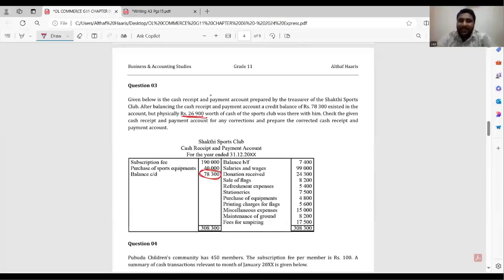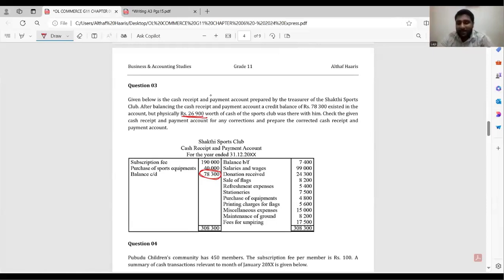That's why the receipt and payment account balance and the cash that you have physically are not the same. Big problem. So let's see the mistakes this fellow has done.